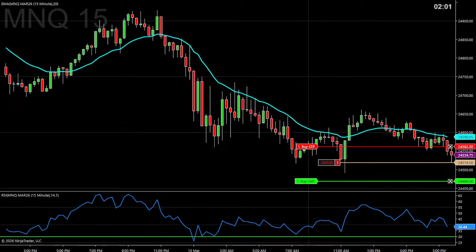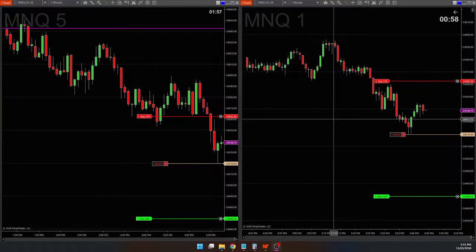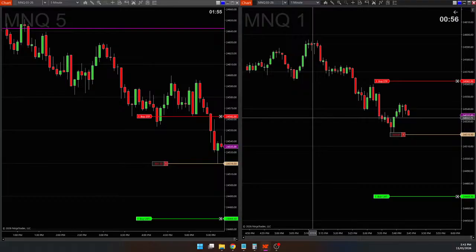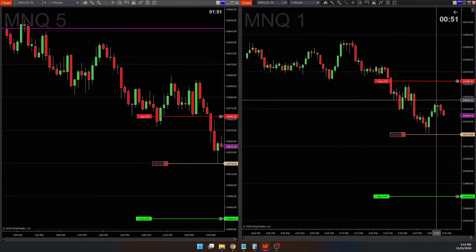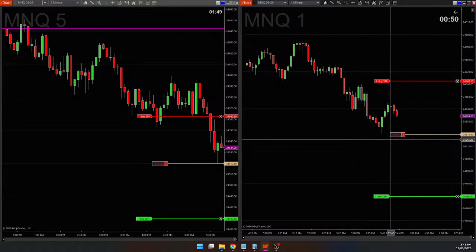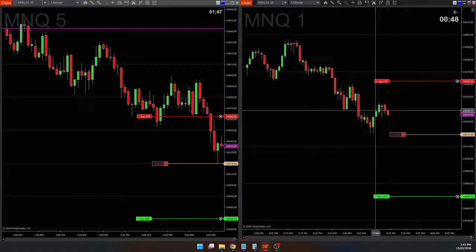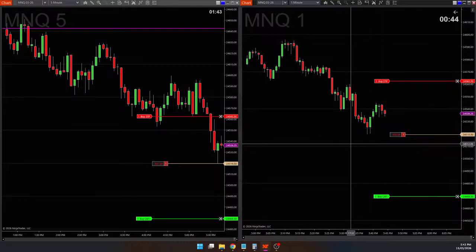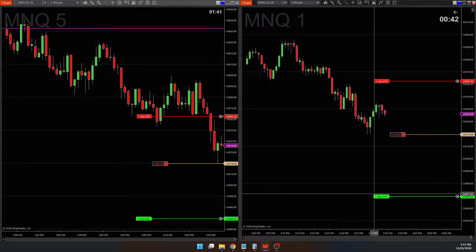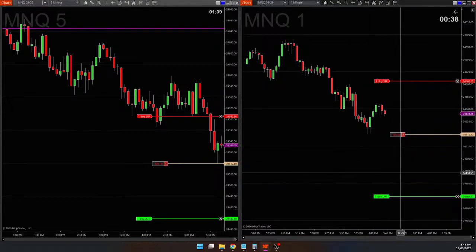Okay, MNQ. Still showing that a bit high. The lower high in this downtrend is respected, and this could be retracing that pullback. But this is quite a wide take profit.